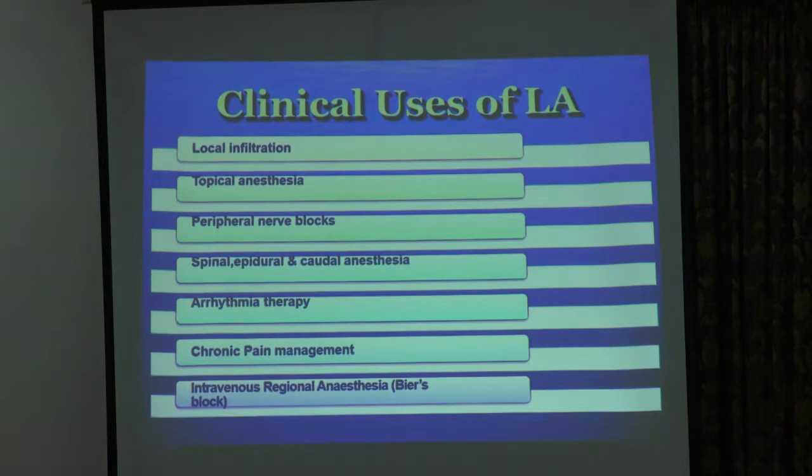And then you can use them for spinal, epidural, and caudal anesthesia. I've mentioned arrhythmia therapy with the use of lidocaine, for instance, and chronic pain. We talked about it. Chronic pain, not only IV lidocaine, but even epidurals for chronic pain. So that, and then the intravenous regional anesthesia, which is the Bier block. Okay.